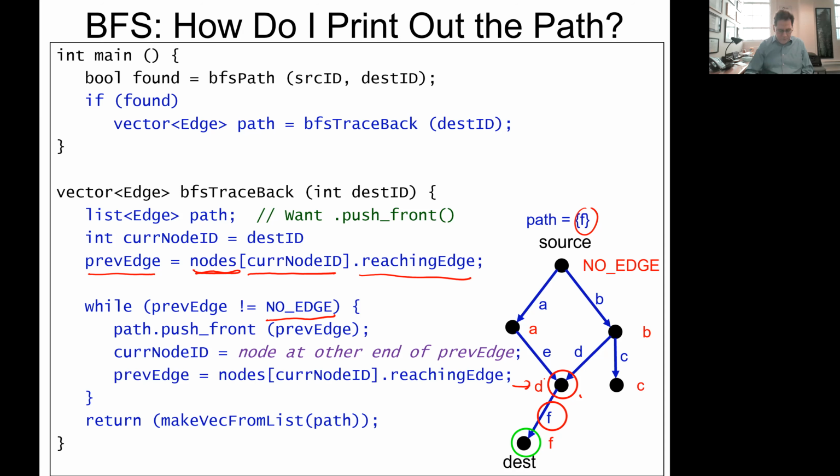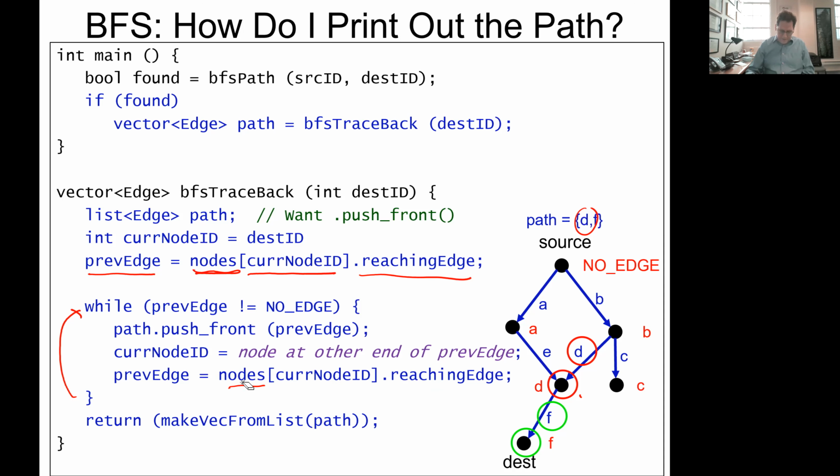So I can say, okay, the previous edge now becomes, let's look up in our node's data structure for that node, what edge was used to reach it. And in this case, it was D. Okay, and now we'll go through the loop again. So we'll go back into the loop. We'll find that the edge is not equal to no edge. It's not -1. So we're going to go through the body of the loop.